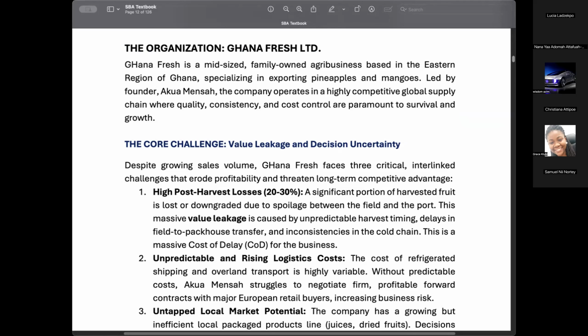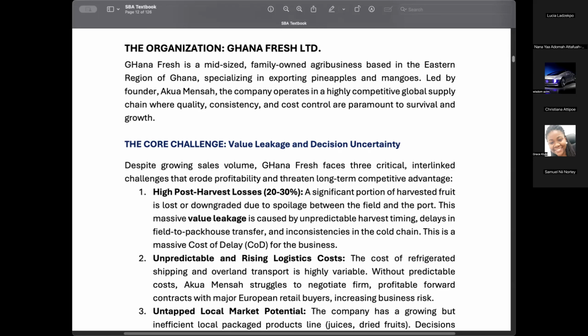The core challenge: value leakage and decision uncertainty. Despite growing sales in volume, Ghana Fresh faces three critical interlinked challenges that erode profitability and threaten long-term competitive advantage.